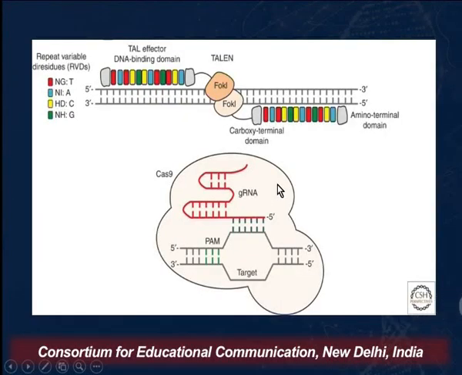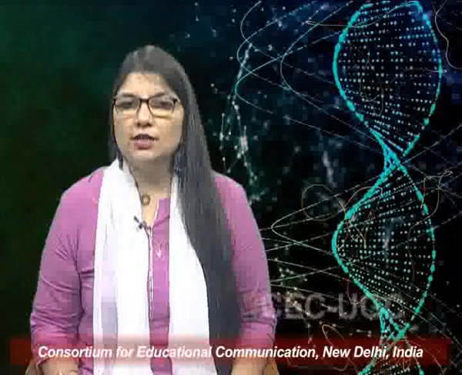In this system, we have a Cas9 protein, and the CRISPR molecules attach to the Cas9 protein and recognize certain specific sites on the DNA, and then they create the nicks or double-stranded breaks that can then be repaired and cause the genome editing to occur. This is the most efficient method that is utilized. We will talk in detail about these genome editing tools in our subsequent sections. Thank you.